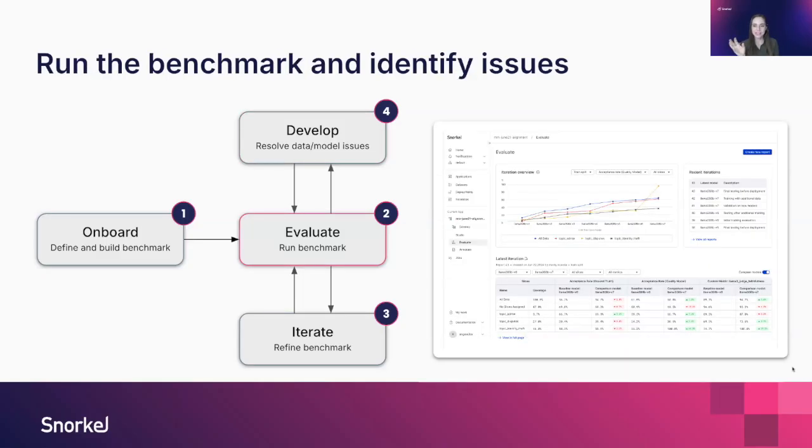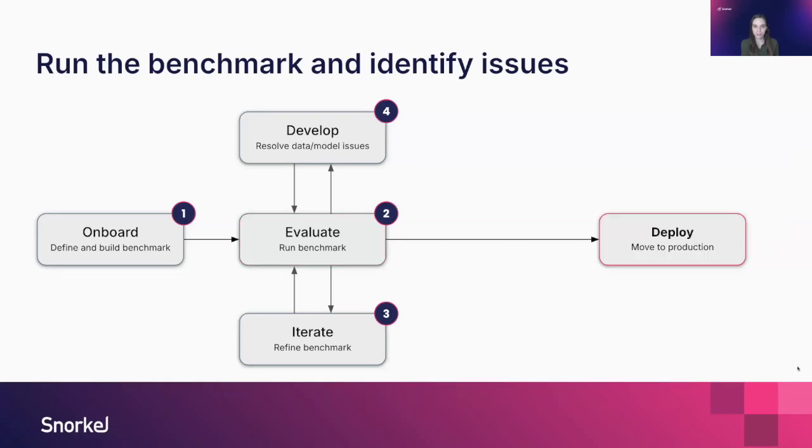You'll tweak your system, refine it, develop it, and then you'll rerun this benchmark and you'll see how your performance has improved across each model iteration. And once you get to a satisfying performance, you're ready to deploy to production. So if we go here, I'll pause for a moment on this slide. It's the same slide from the beginning, but hopefully now each of these steps makes sense: you go from onboarding to evaluation to refining that benchmark, and you can iterate in this bottom loop.